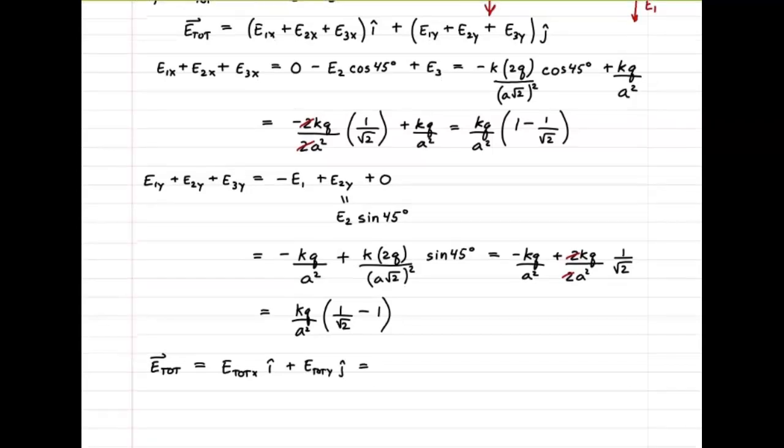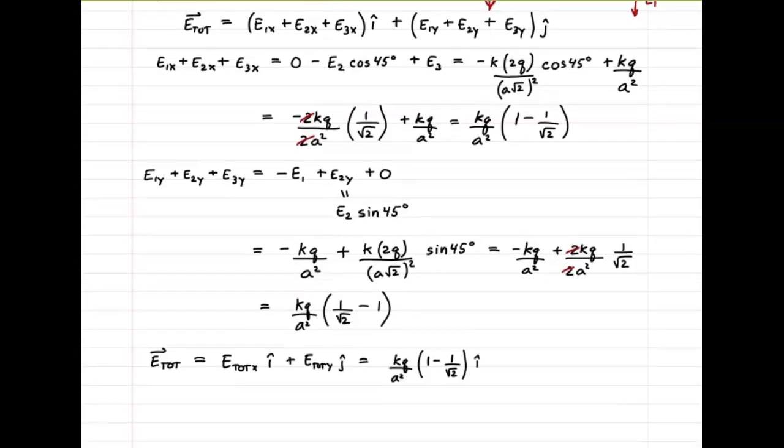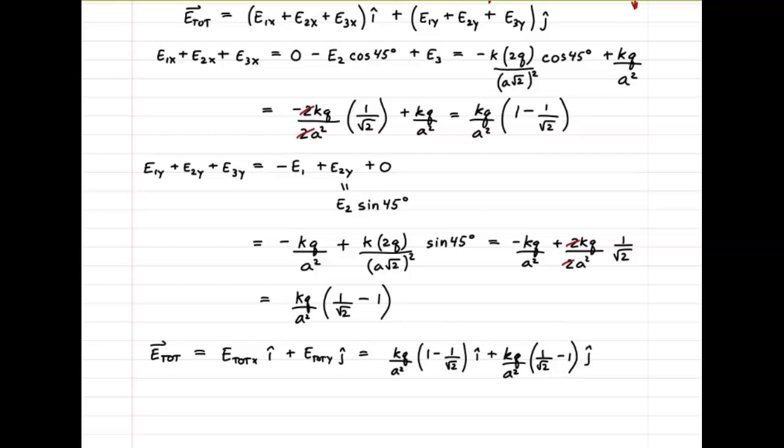And if I put it in the expression above, we have KQ over A squared, 1 minus 1 over root 2 times I hat, plus KQ over A squared, 1 over root 2 minus 1 J hat.